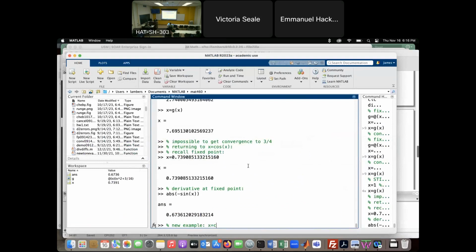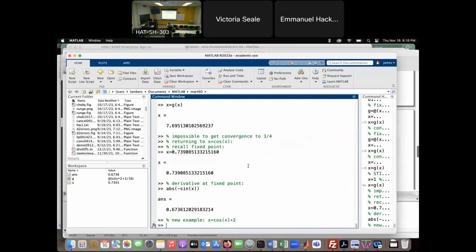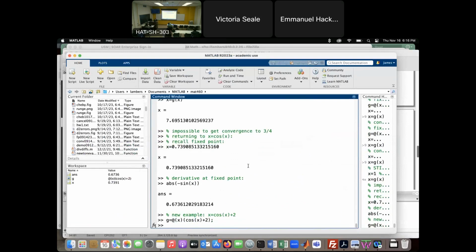So x is equal to cosine x plus 2. I'll define g, what I did before, and my initial guess will be 2.